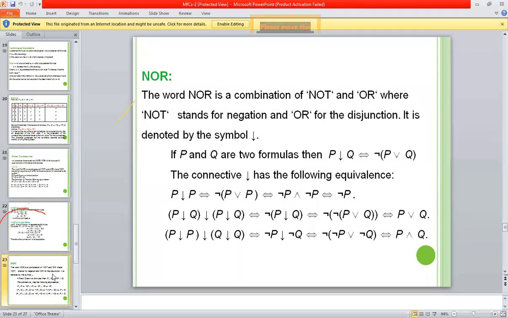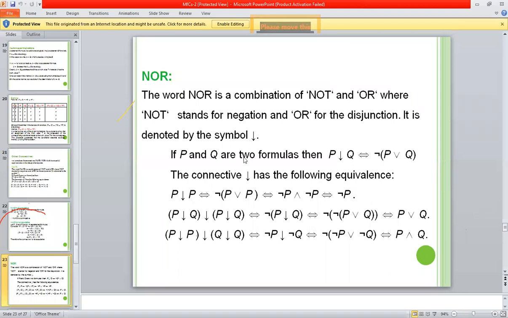Another connective is NOR. The word NOR is a combination of NOT and OR, where NOT stands for negation and OR stands for the disjunction. It is denoted by the down arrow symbol.